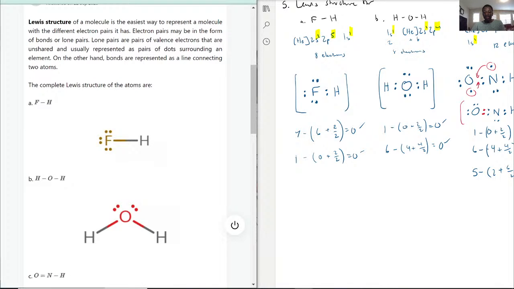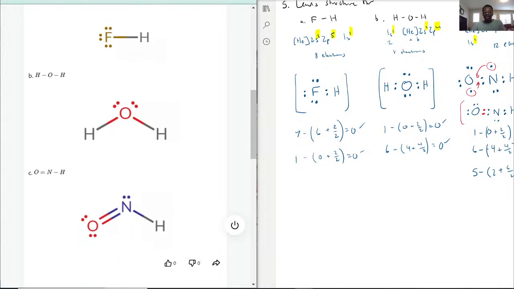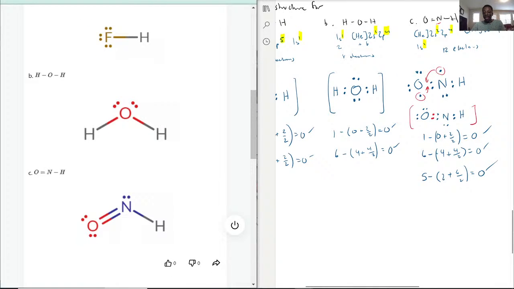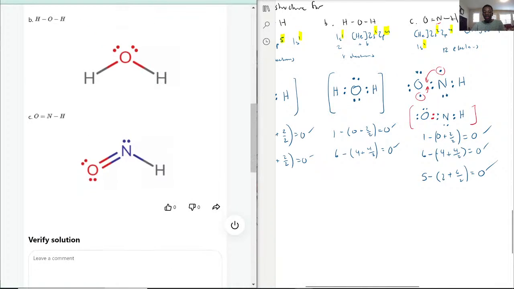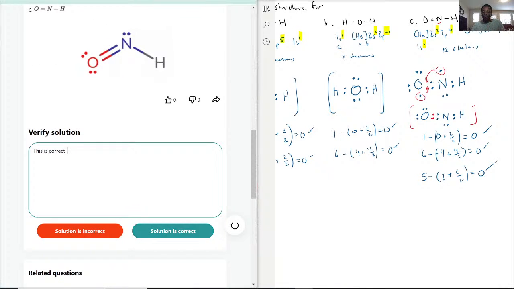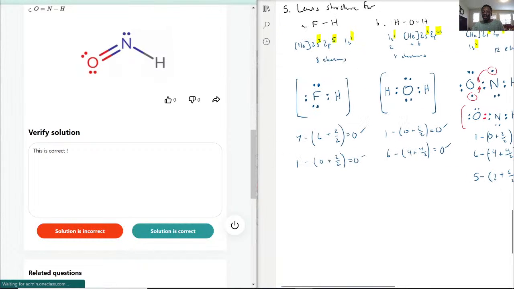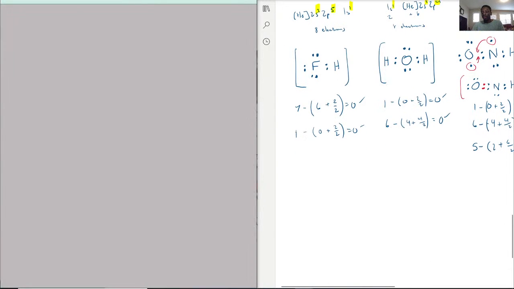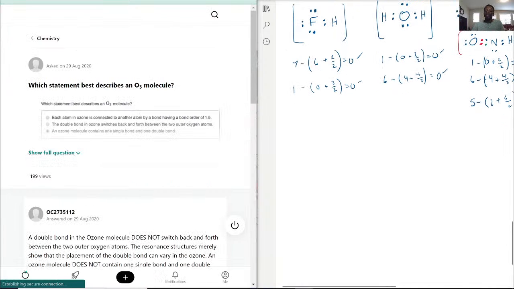We have this as well for Lewis structure. So with this being said, this is correct, and we're able to even support why these molecules have no charge, because the theoretical charges were all 0.